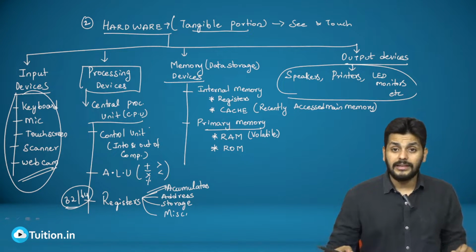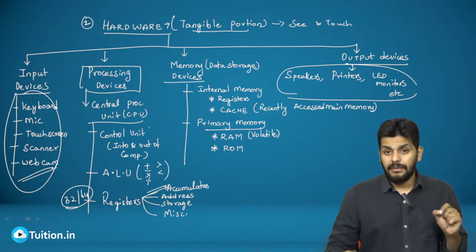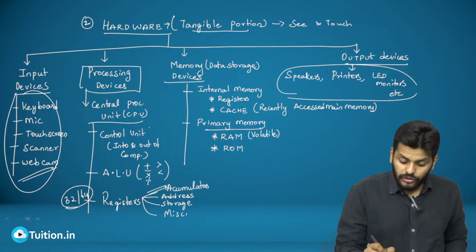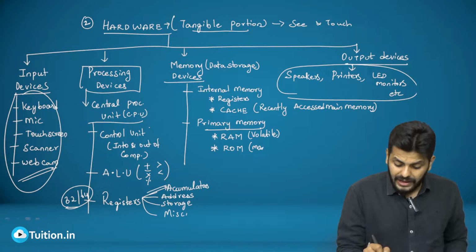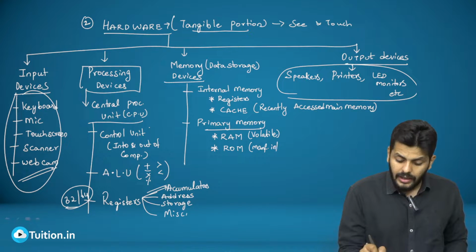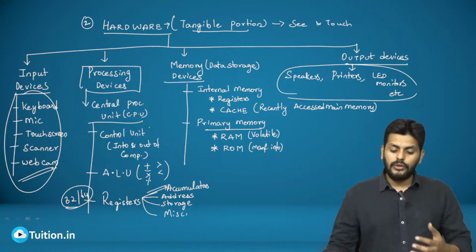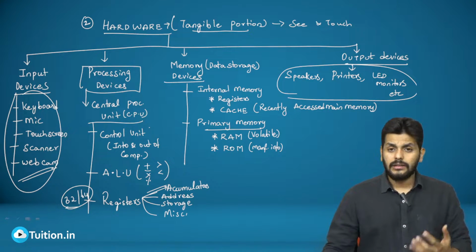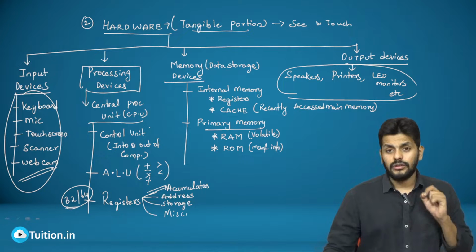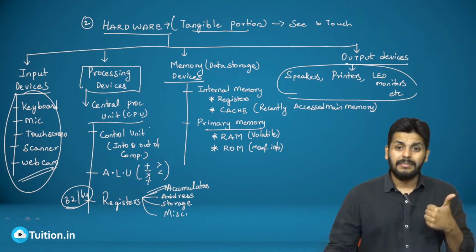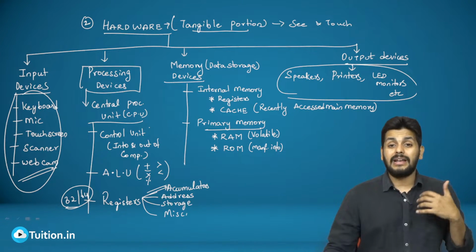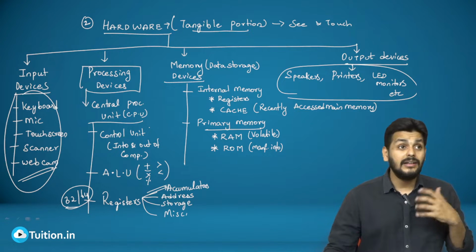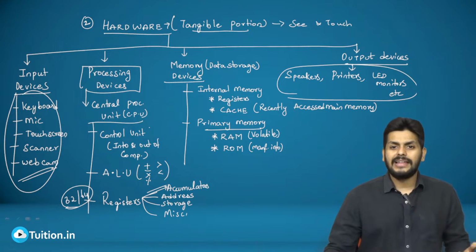But ROM is not like that. ROM is permanent memory. ROM generally stores all the manufacturer's information. Irrespective of which program you use, it stores very useful content like the manufacturer's device serial number, manufacturing date, all this permanent content, compilers, interpreters, all the language translators.